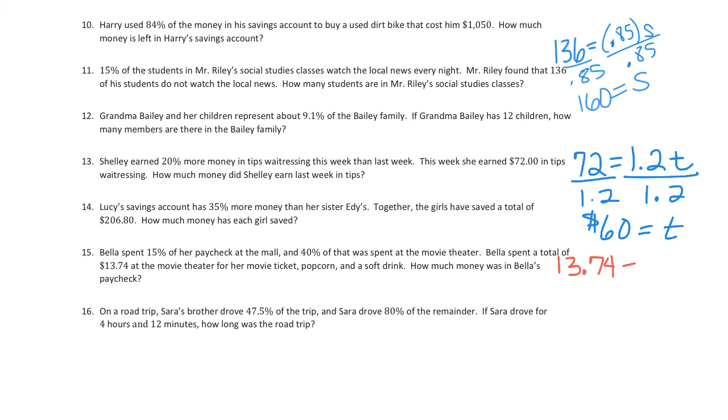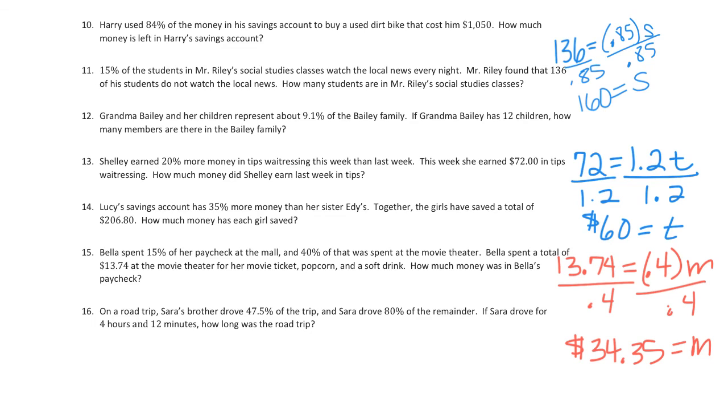$13.74 is equal to 40% of what she spent at the mall. So if I divide both sides by 4/10, I find that she spent $34.35 at the mall. But at the mall, that wasn't her entire paycheck.